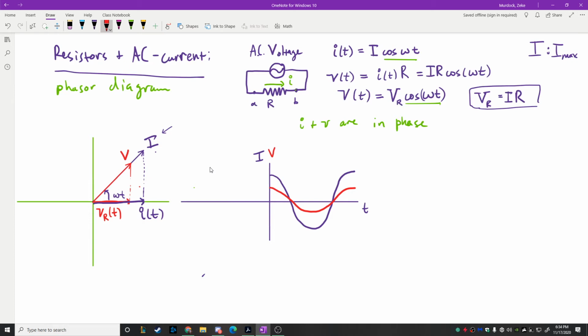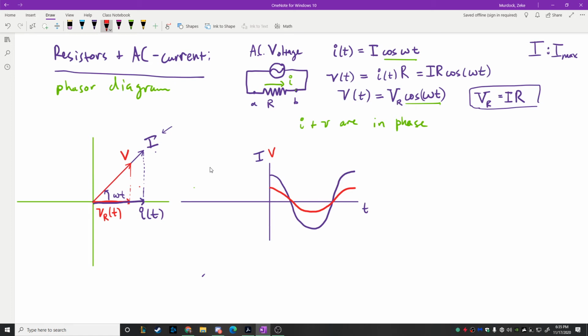This is like a scenario where imagine that you're pushing a child on a swing, and imagine that the rate at which you push the child is like the voltage, and the kinetic energy or the velocity of the child is like the current. Then this is synonymous with the way that that would work, right? Think of the voltage as force and think of the current as velocity.